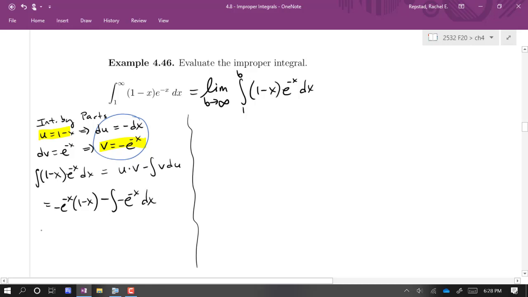That's minus a minus, so that'll be a positive: plus the integral of e to the negative x dx. Now this integral we know how to do, right? The integral of e to the negative x is negative e to the negative x.